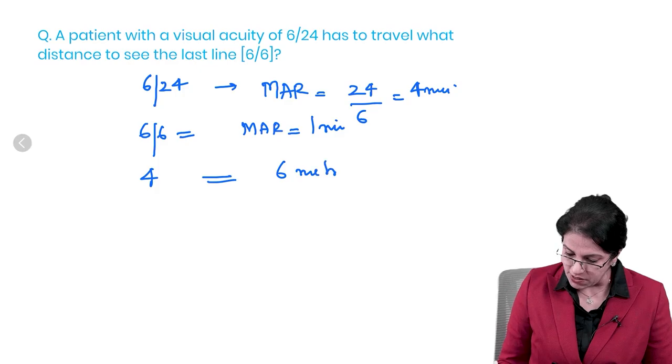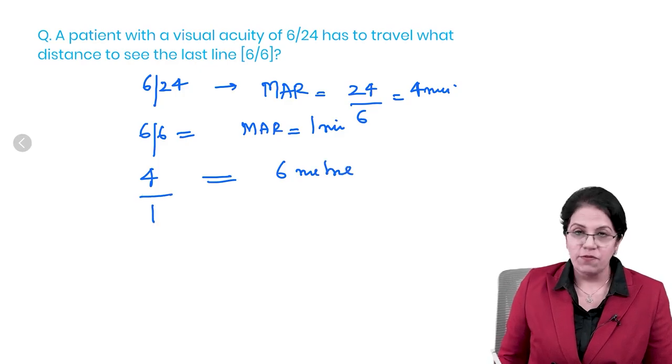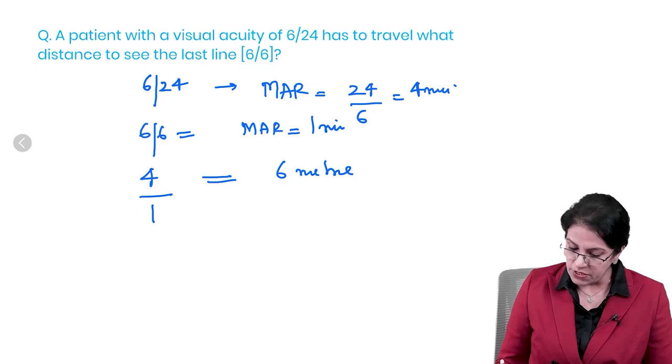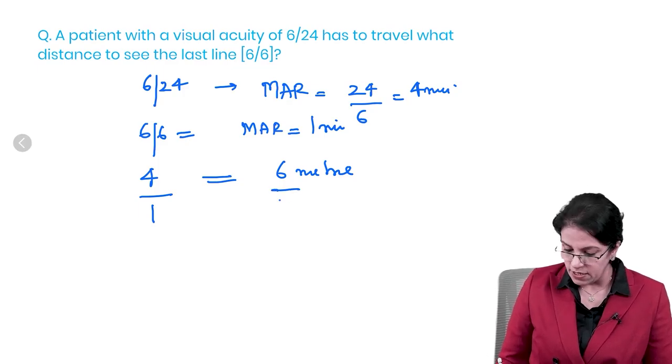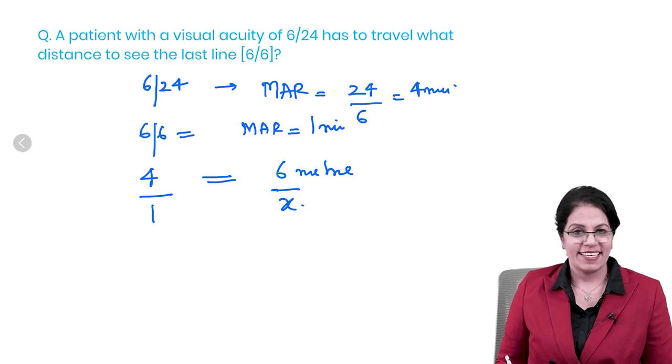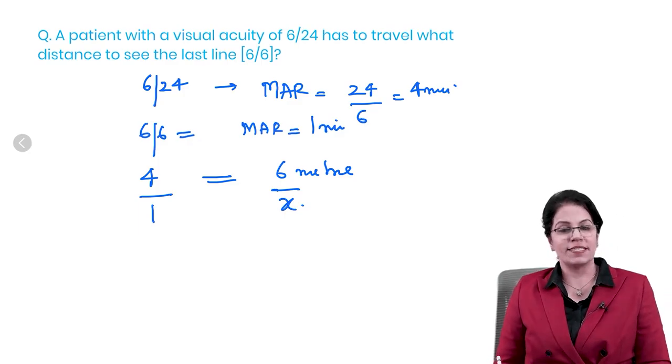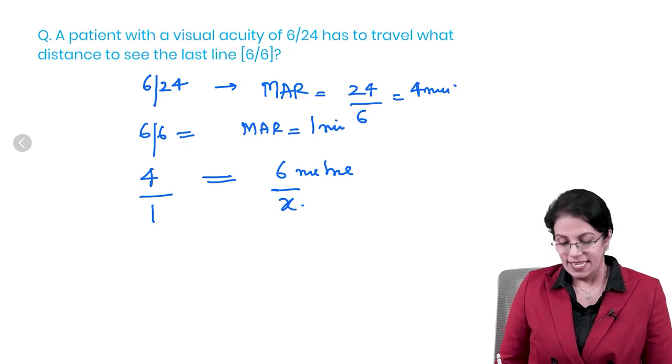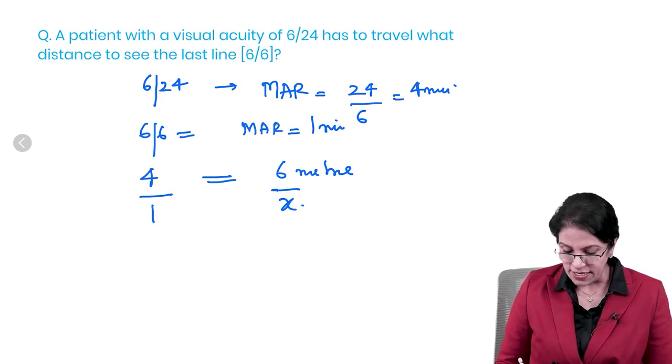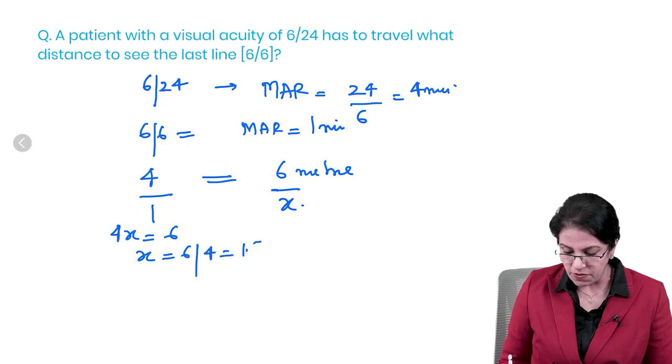He is at 6 meters. So, if we want a minimum angle of resolution of 1 minute, how much distance should he sit at to read 6/6? It is x. So, let's cross multiply it. 4x is equal to 6. So, x becomes 6/4, which is equal to 1.5 meters.